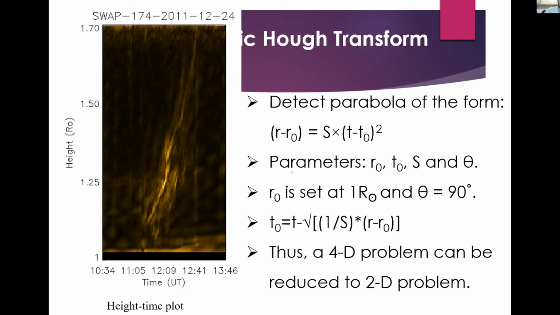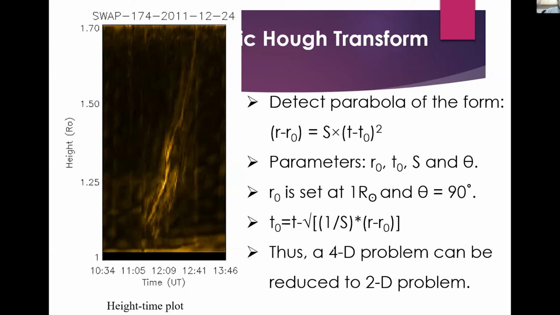Here we made some assumptions because we had to compute this Hough transform in 4D space. Since we had masked the disk up to 1 solar radii, we set R0 to 1 solar radii, and the theta parameter we took as 90 degrees for detecting only the accelerating kind of parabola.